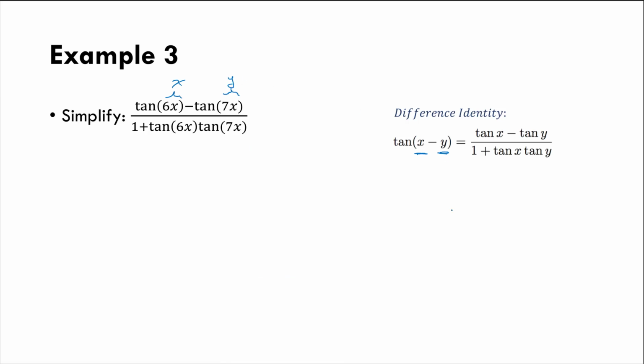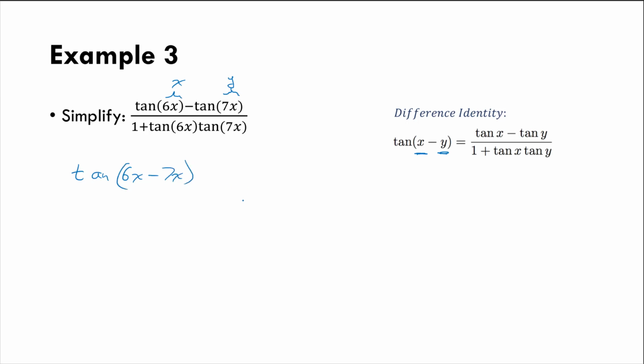Since the rest of this equation checks out, we can simplify this to tangent of x minus y, so 6x minus 7x.